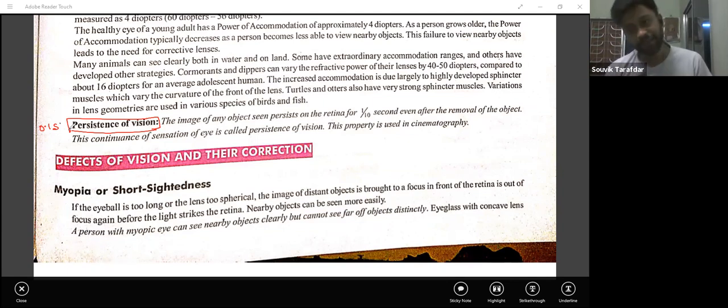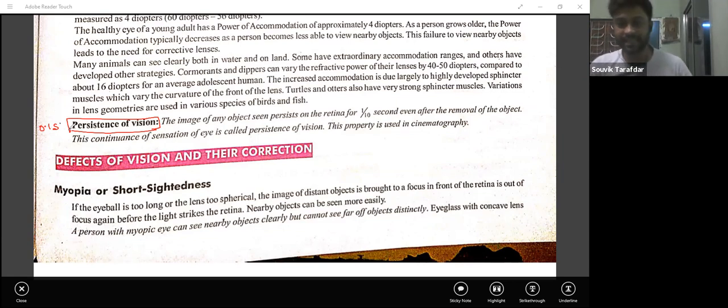If in between anything else happens, you will not be able to recognize it, because the effect of this image will remain in your brain for 0.1 second. If the other image comes after 0.1 second, then only you will understand that my position got shifted.